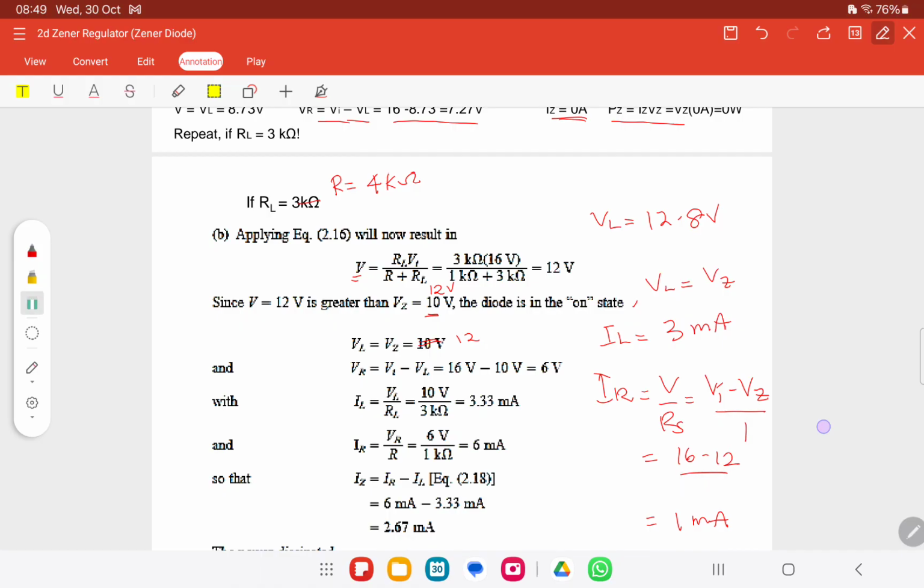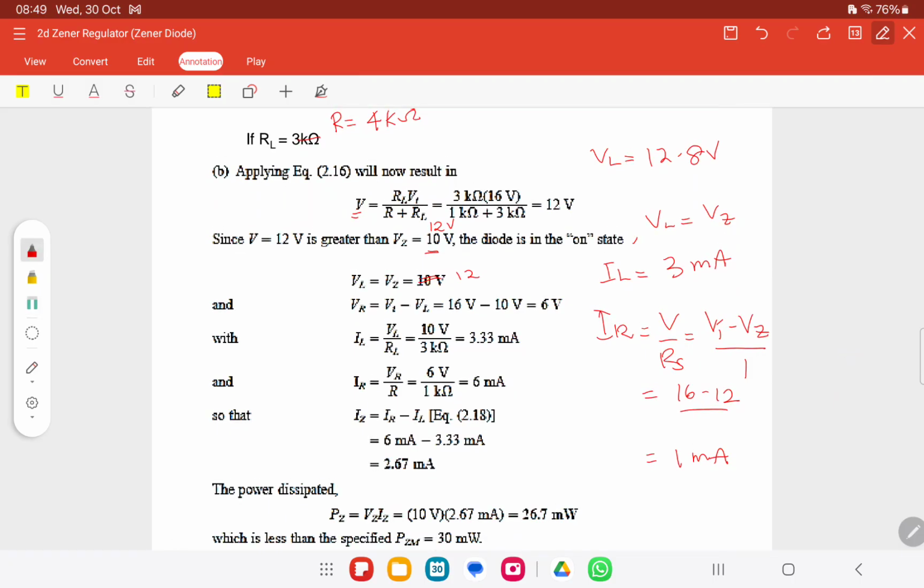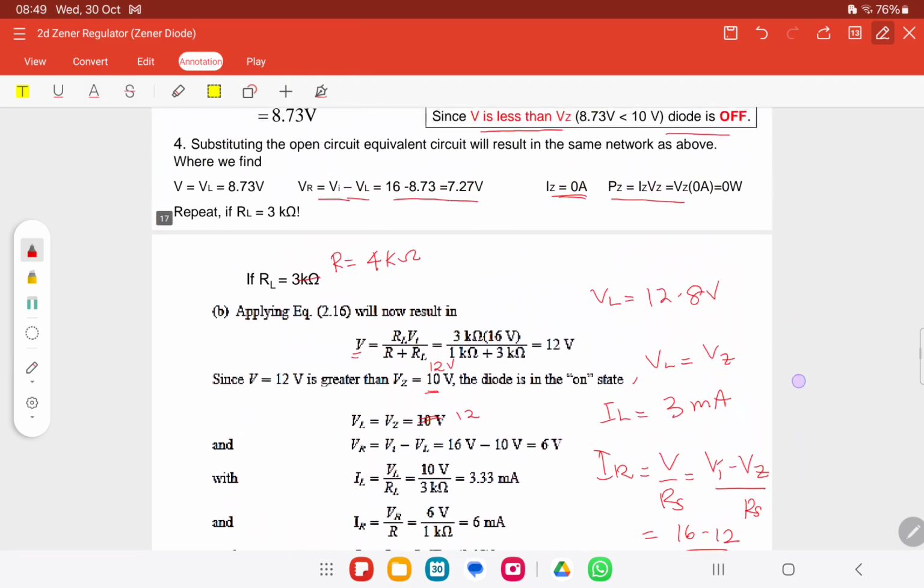So, jadi 4. Okay. Bahagi dengan 1K, sorry. Bahagi dengan RS 1K. So dapat 4 mili. Okay, 4 mili for IR.